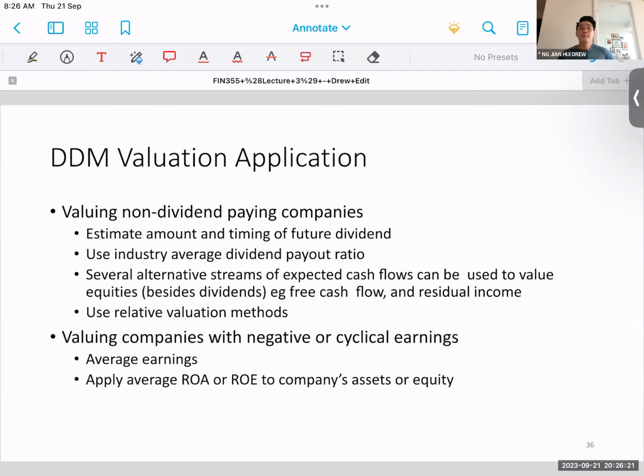What we have learned so far in the dividend model is a very perfect situation, right? It's high growth, low growth, and that's about it, or it's gradual growth. Obviously, in real life, it doesn't work that way.